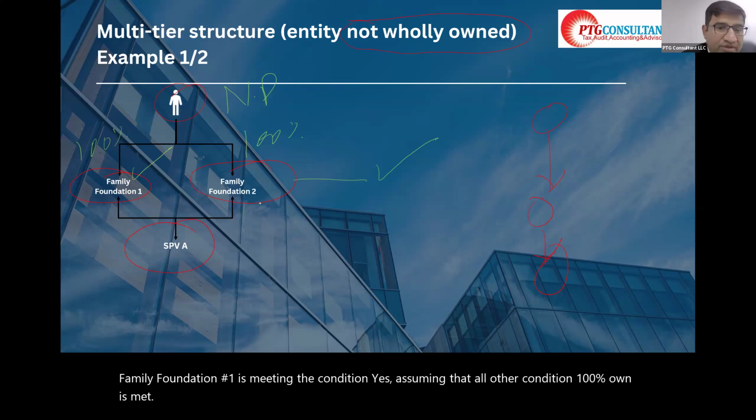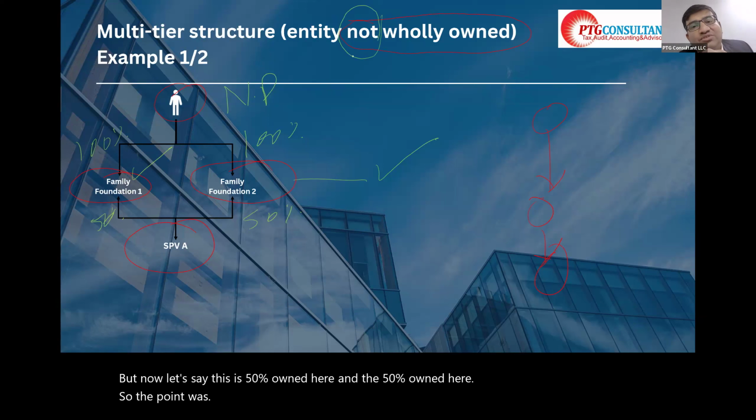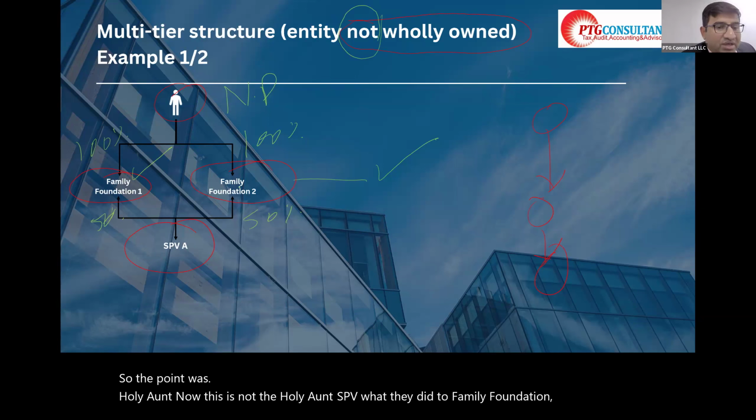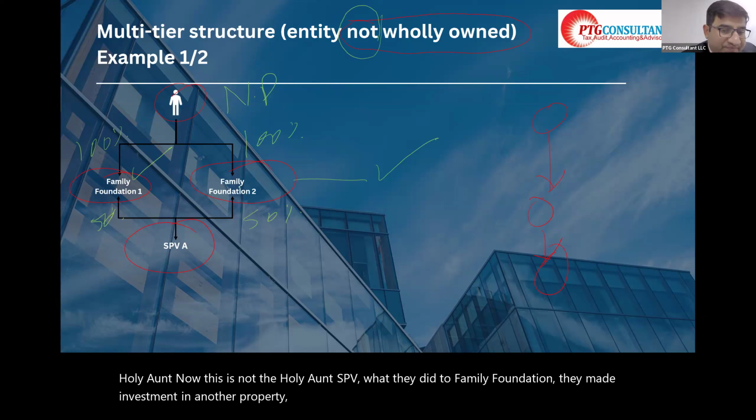But now let's say this is 50% owned here and 50% owned here. The point was wholly owned. Now this is not a wholly owned SPV. What they did: two family foundations made an investment in another property, but by making another SPV.